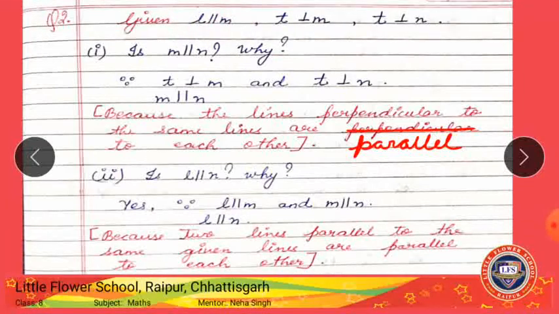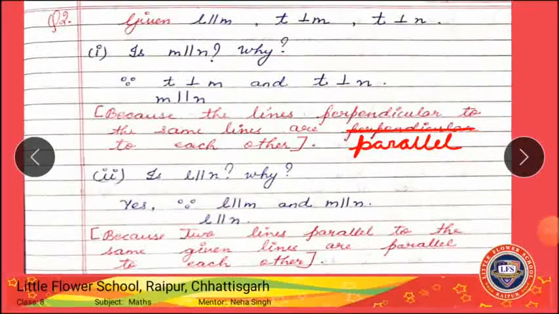Therefore L and N will also be parallel, because when two lines are parallel to the same given line, they are also parallel to each other. Same case was for perpendicular, because two lines perpendicular to the same given line are parallel to each other, and similarly if two lines are parallel to the same given line, they will also be parallel to each other.